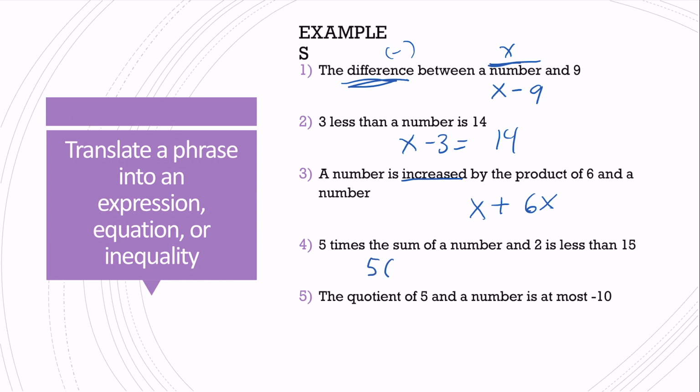So I have 5 times the sum, which means add, of a number and 2 is less than 15. That gives us an inequality. And then I have the quotient of 5 and a number is at most 10. So it could be less than 10, but it also could be equal to 10. So it's less than or equal to 10.